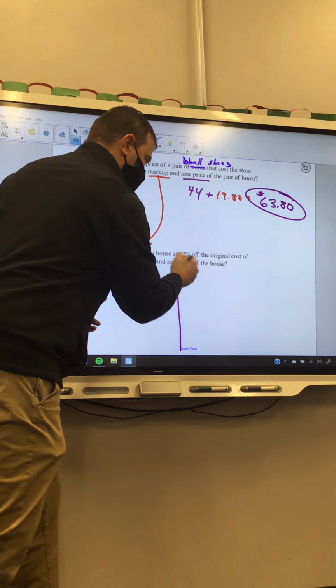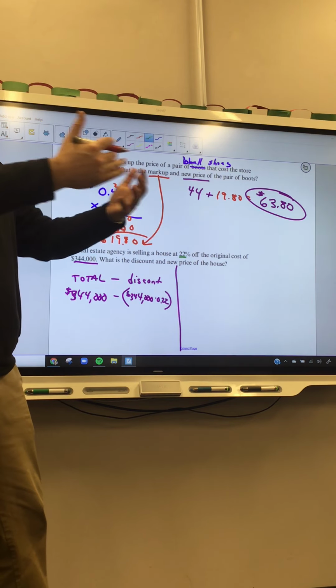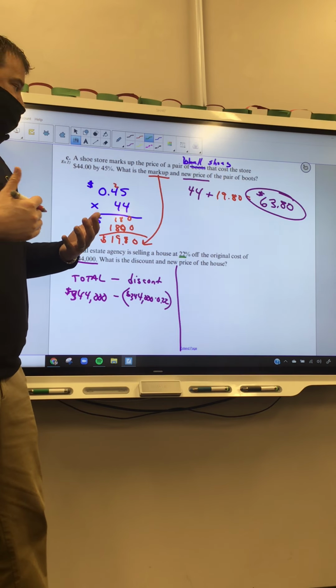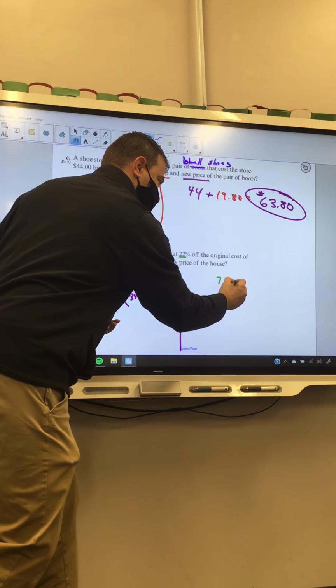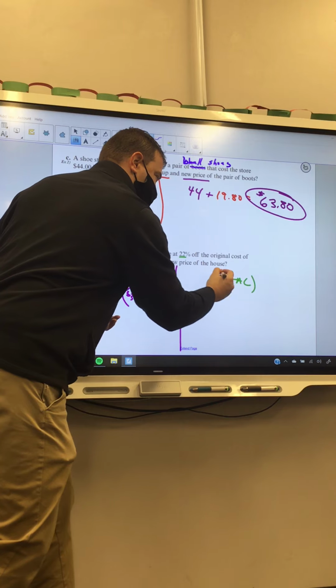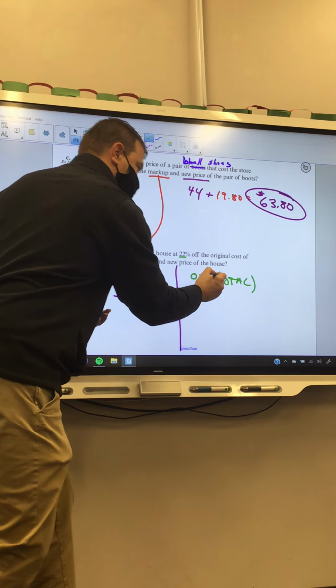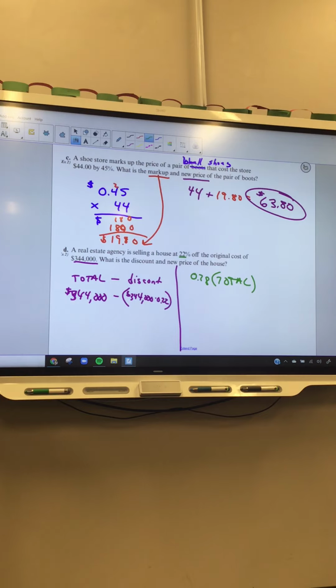So another way you could do it: once 22% is gone, you're left with 78%, right? So if I take the total cost and I multiply it by the 78%, that would be another way to do it. It might get you there a little quicker. Okay? Either way is fine. Let me know what you get.